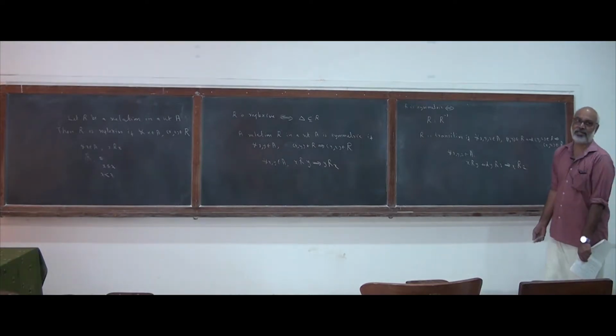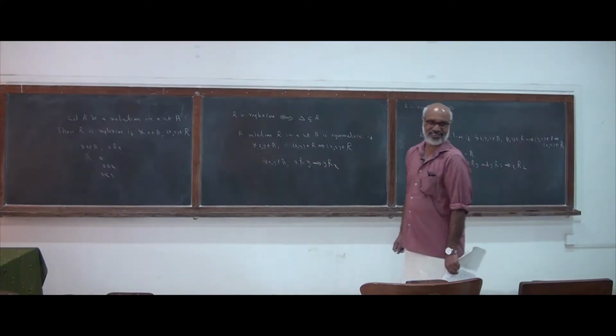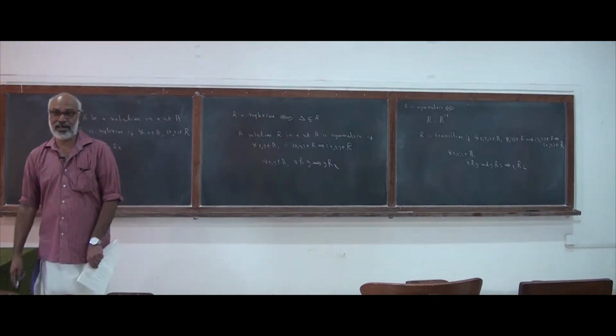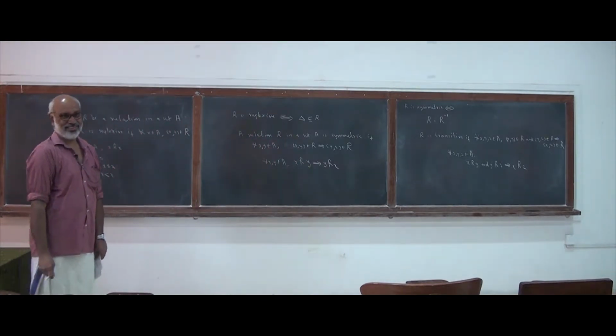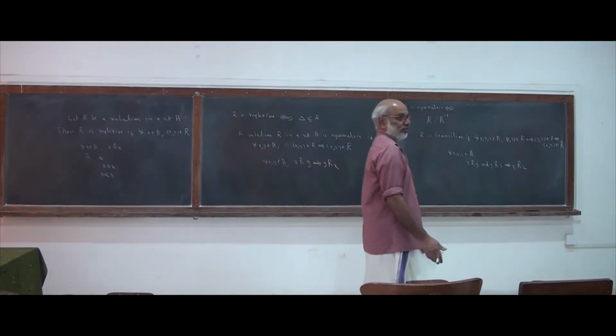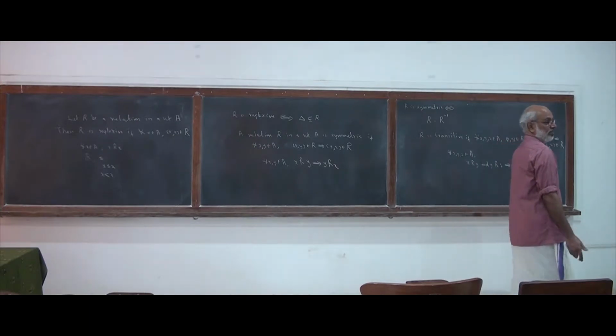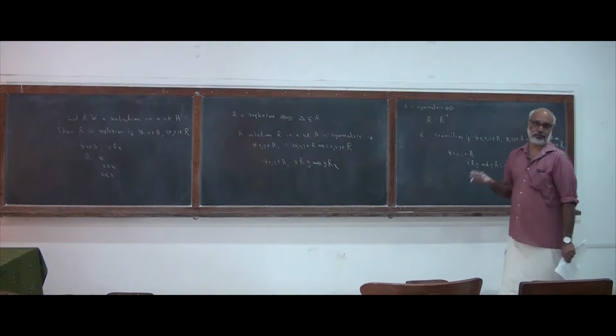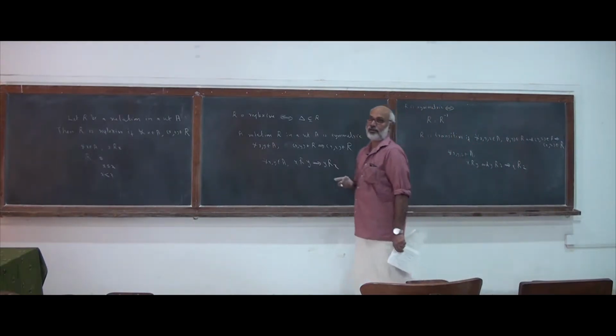For example, equality is a transitive relation. A equal to B, B equal to C implies A is equal to C. Subset of is a transitive relation among subsets of a particular set, because A is a subset of B and B is a subset of C implies A is a subset of C. Less than or equal to is a transitive relation.